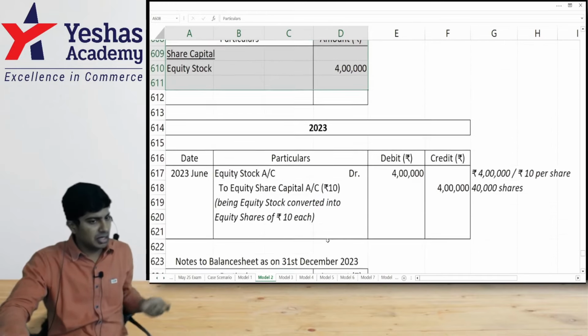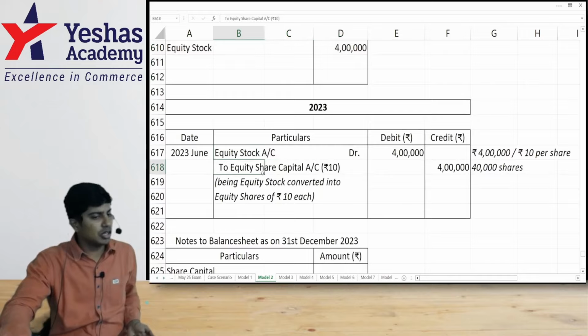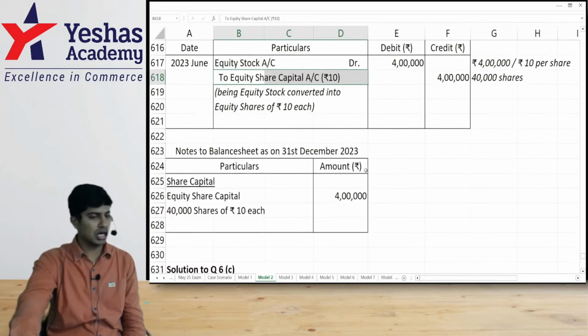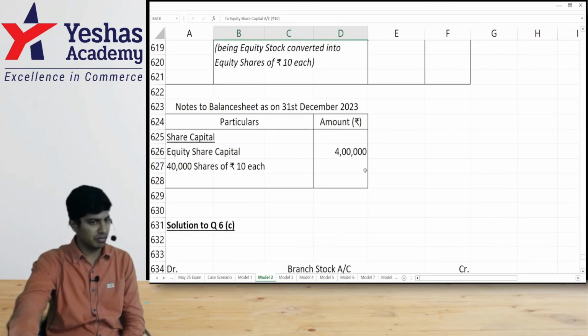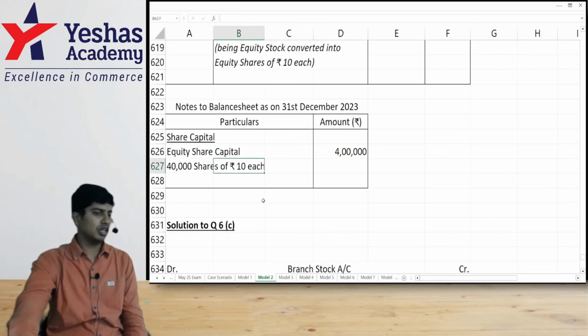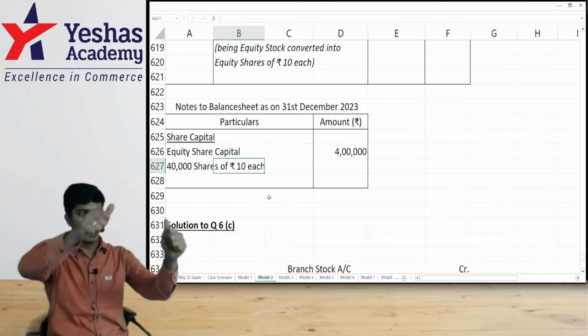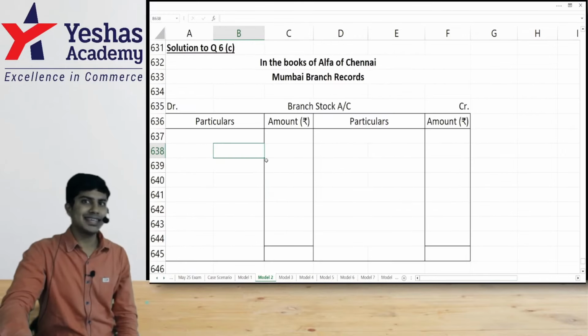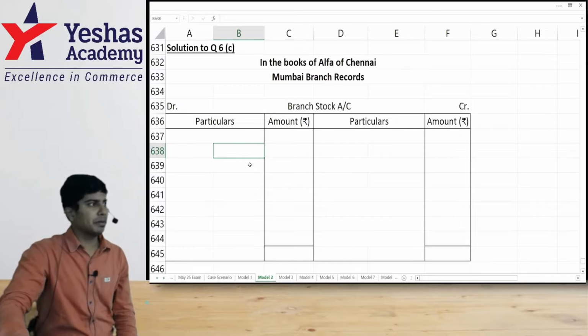In 2023, you convert that equity stock to shares of rupees 10. When you prepare balance sheets, notes to accounts on 31st of December 2023, it would look like this: 40,000 shares of rupees 10 each, which comes to 4 lakh rupees. Got it? Fantastic. Let's now solve question 6C from our model test paper 2.